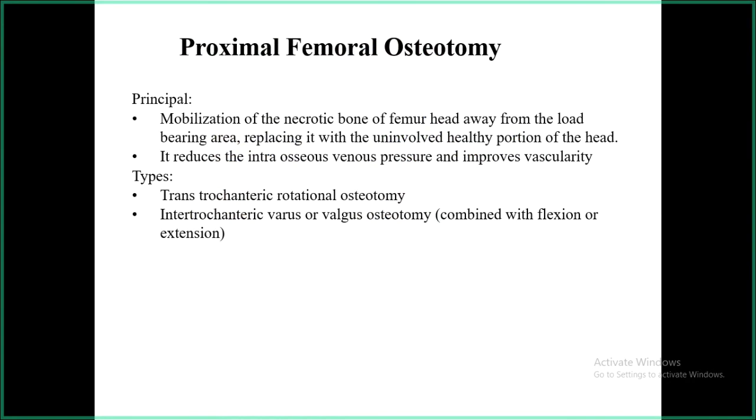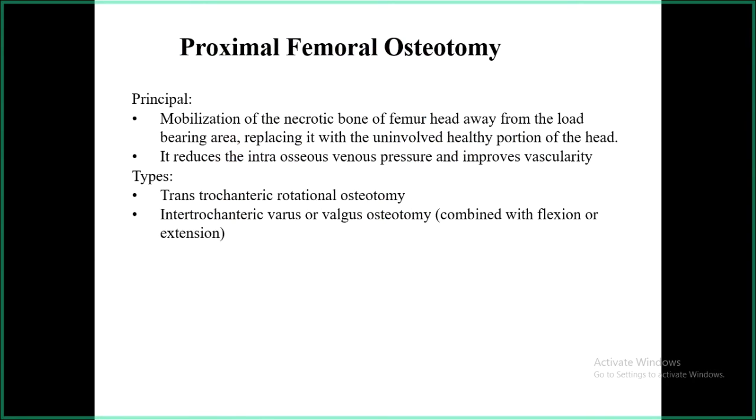Now the proximal femoral osteotomy or McMurray osteotomy can be used in the younger age as a bone salvage procedure. The principle is mobilization of the necrotic bone of the femoral head away from the load bearing area. So it causes offloading, replacing it with the uninvolved healthy portion of the head. It reduces the intraosseous venous pressure and improves vascularity.